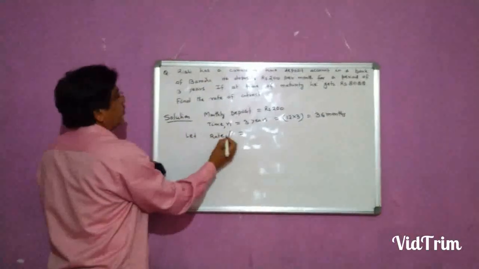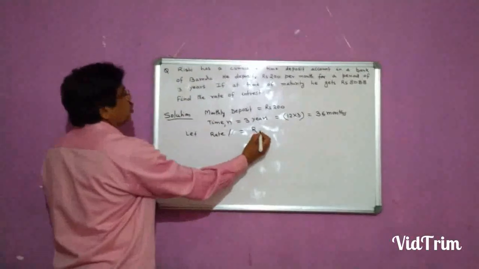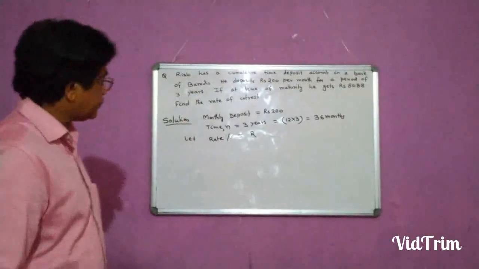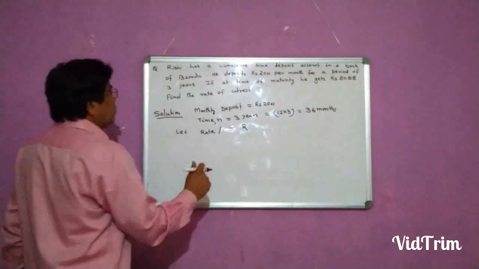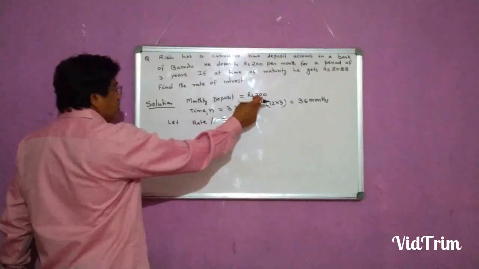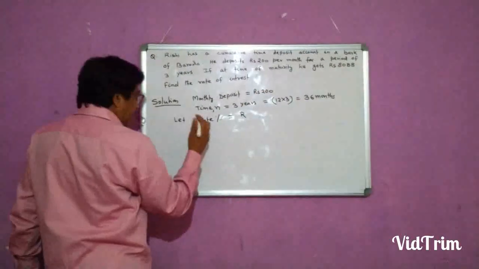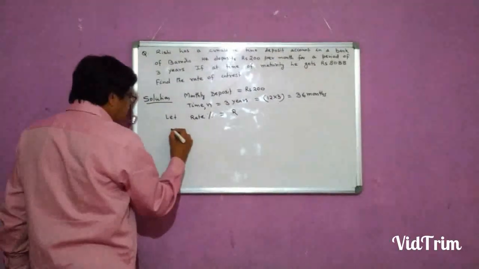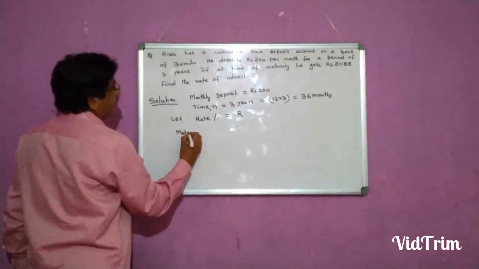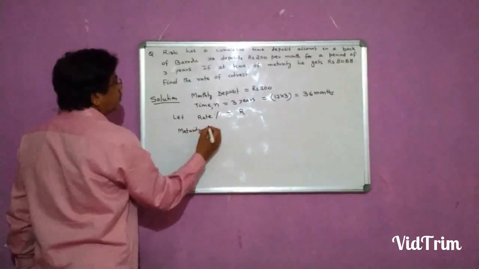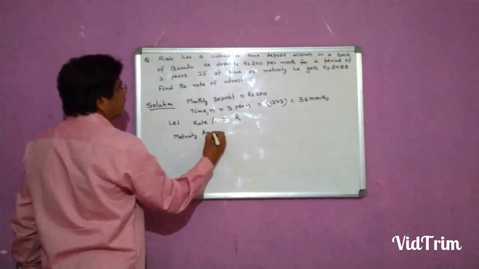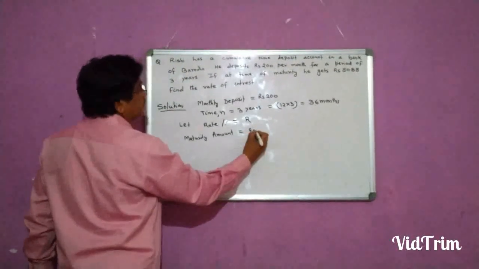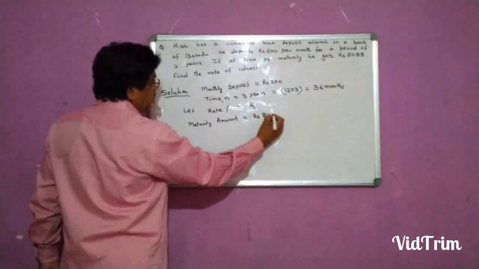The rate percent is equal to R. We don't know what the rate percent is, so this we have to find out. Now, if you see, the monthly deposit is rupees 200, and here in the question the maturity amount is also known to us. Maturity amount is equal to rupees 8088.